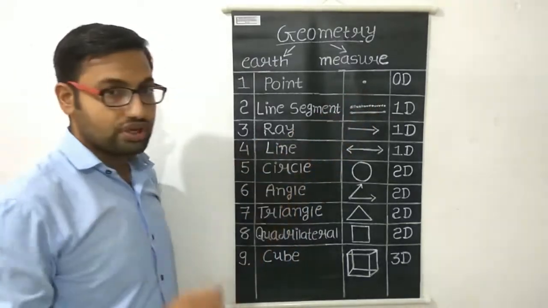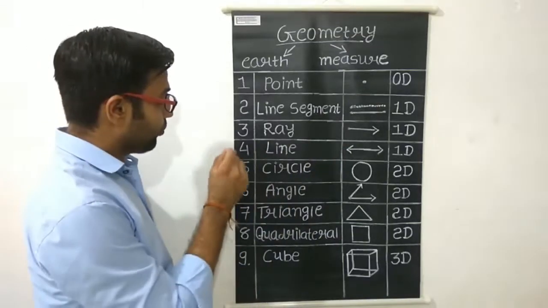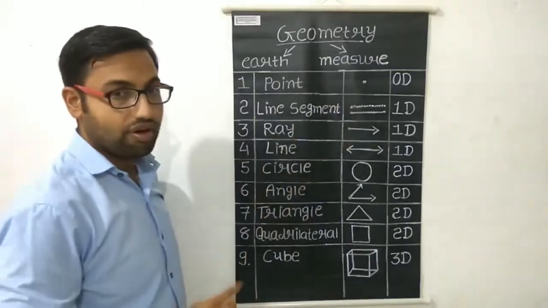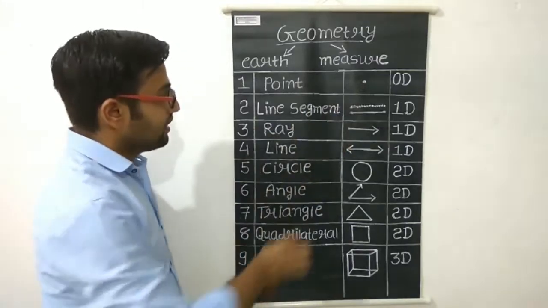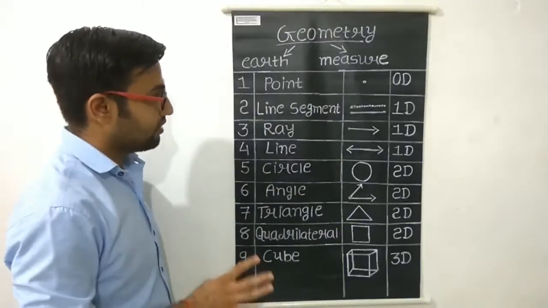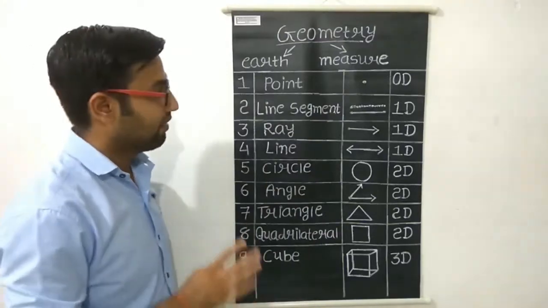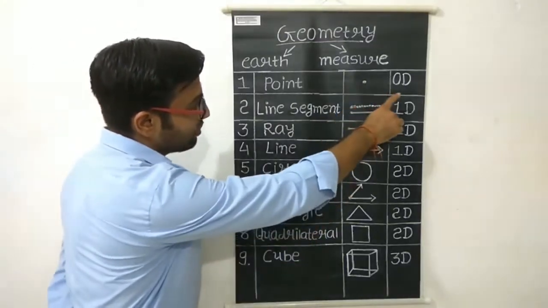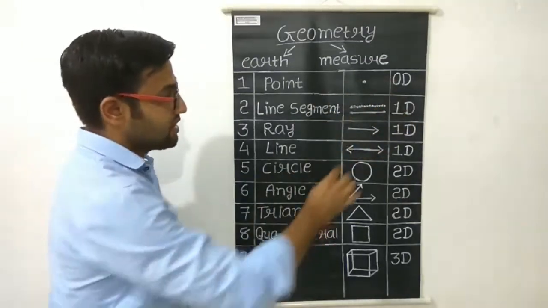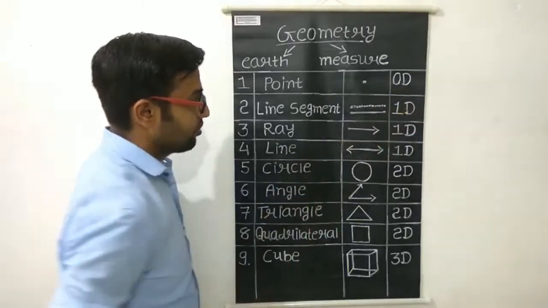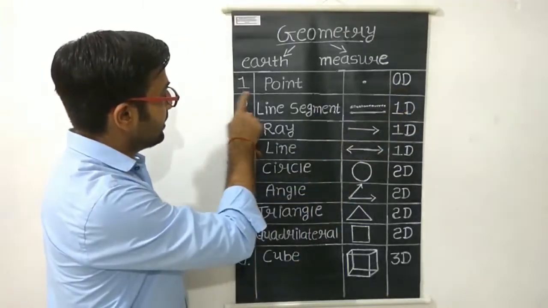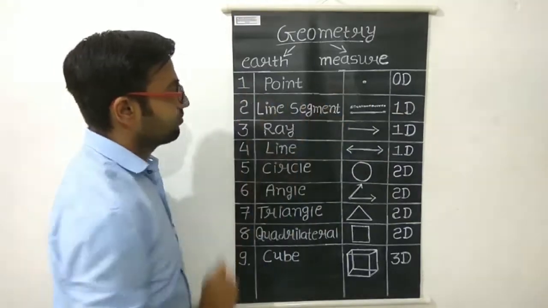Like if you use a pen and put a point on your paper, that will become this point. This point has no dimension, like it has no length, no breadth, no height, nothing. That is why we tell it is a zero dimension quantity, right? Zero dimension, 0D.